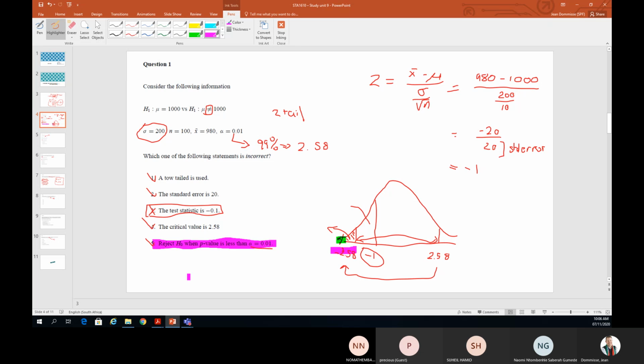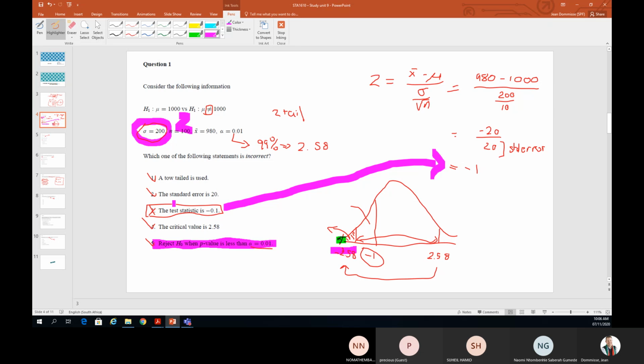But for me, it is nearly, you identify if it's one or two tail. With that, because I work with that, I know that I'm working with a Z. Then I can work out my T-stat. So the T-stat should have been -1 instead of that.